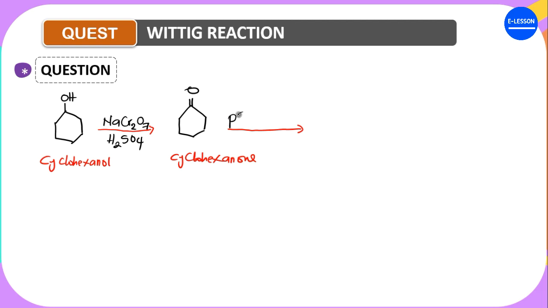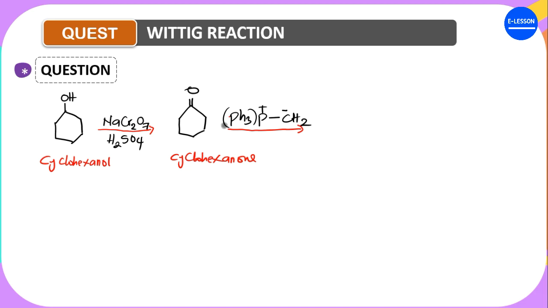So this gives us PPh3, P positive with CH2 negative. When we react this with the ketone, we expect to get the product we are looking for.